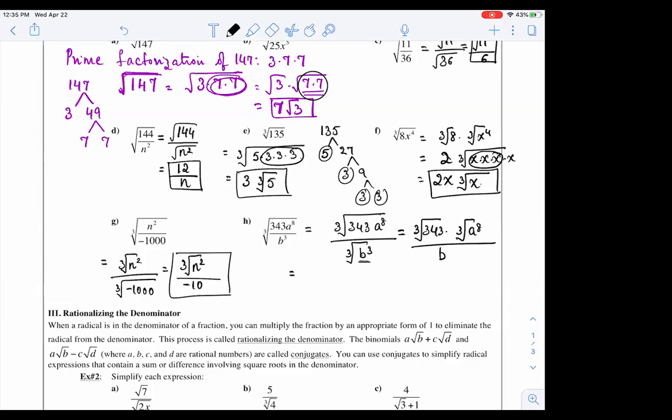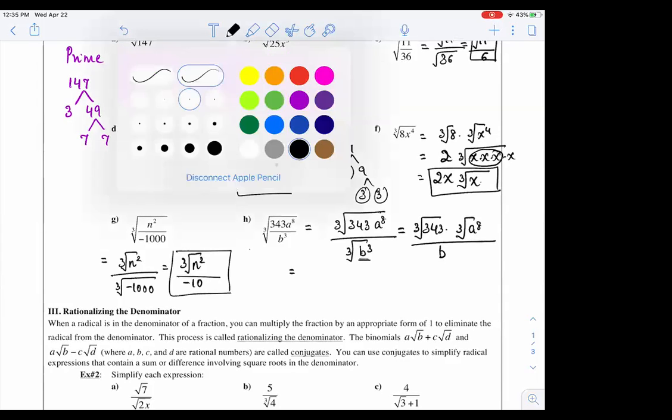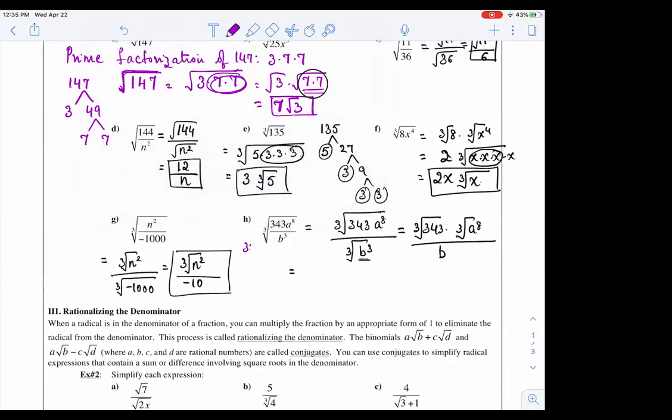Okay. Now I want you guys to do the prime factorization for 343. Where do we start? Is it divisible by 3? No. Is it divisible by 5?